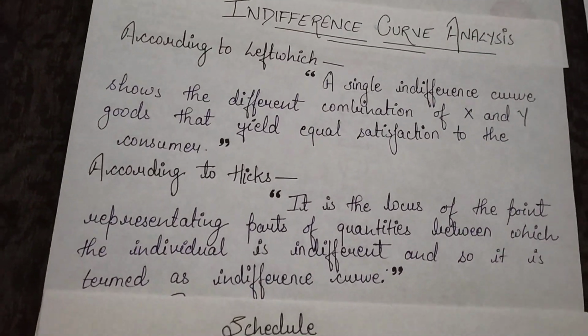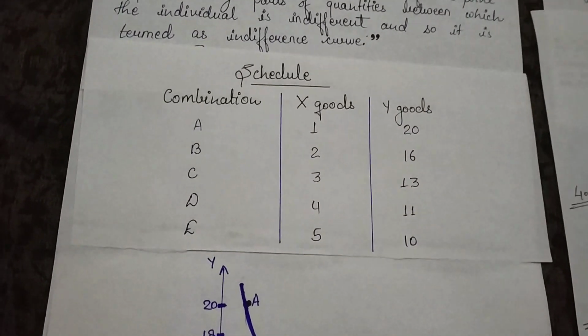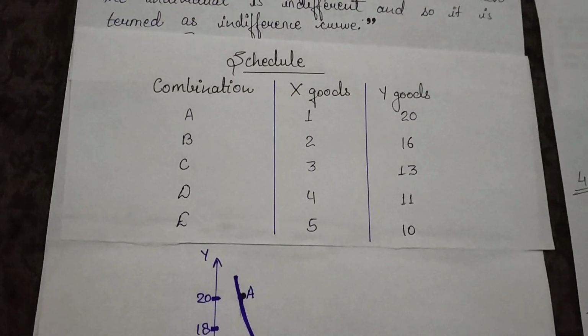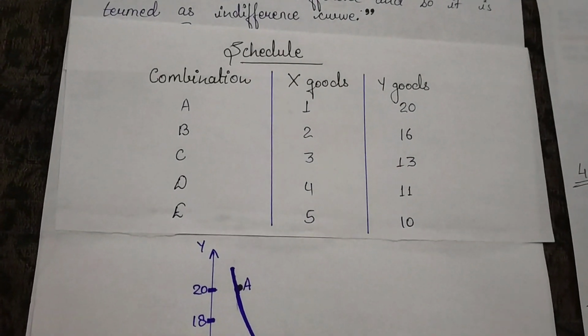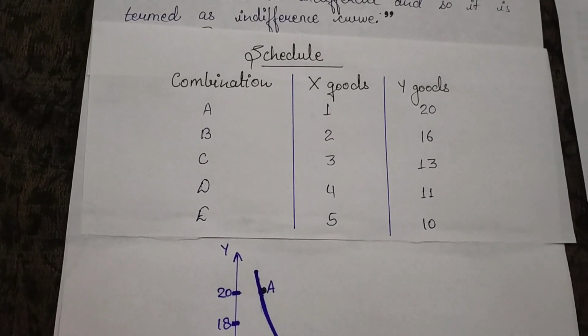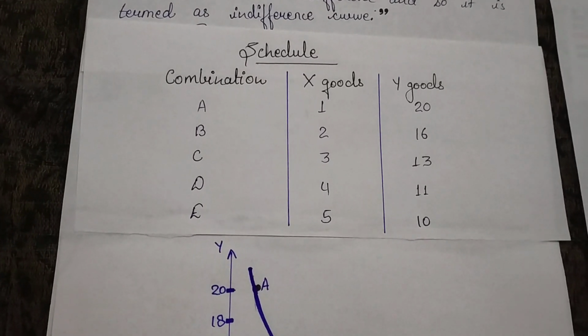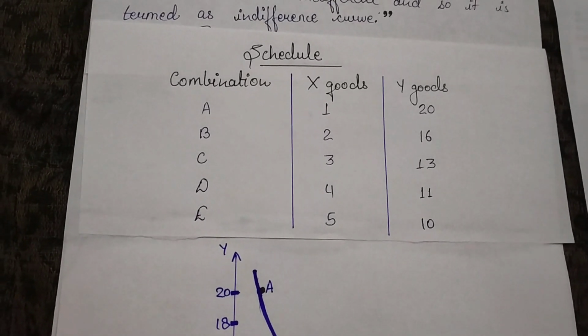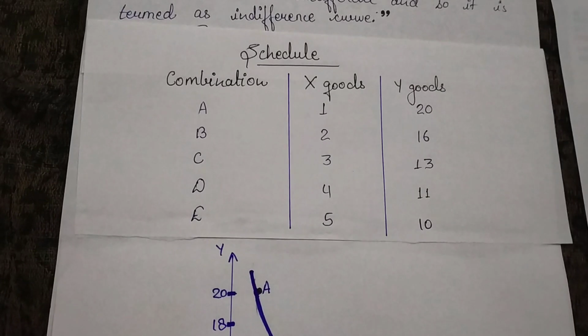Okay, so now look here, I have made a schedule and diagram to explain clearly the concept of indifference curve. Now look here, in the first line it is the combination of goods, that is A, B, C, D, E, and second is X goods and third is Y goods.